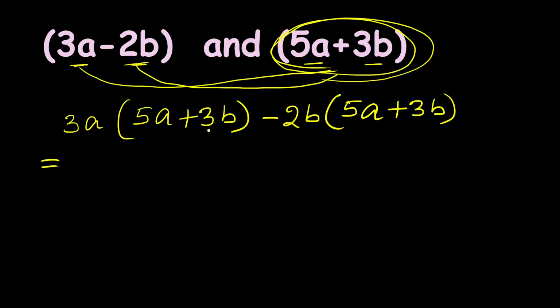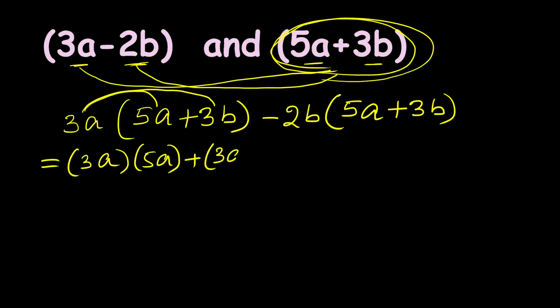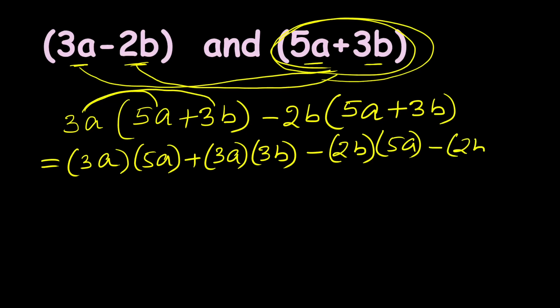Now monomial by binomial. 3a we have to multiply by each term of the binomial. So 3a we have to multiply by 5a plus 3a into 3b. Here negative 2b, negative sign here, so negative 2b into 5a, again negative 2b into 3b.